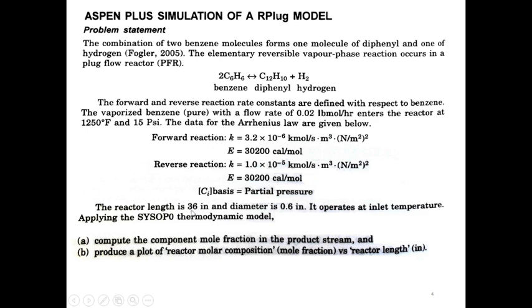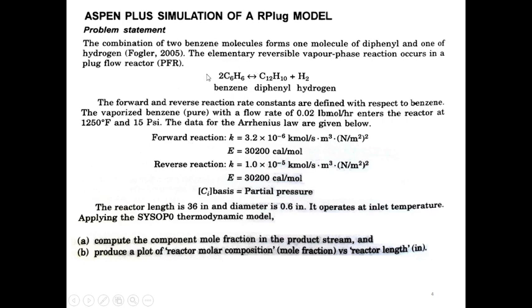The reactor length is 36 inch and the diameter is 0.6 inch. It operates at inlet temperature. Same property method we have to use, the thermodynamic model. So our first objective is to compute the component mole fraction in the product stream, and our second objective is to produce a plot of mole fraction versus the reactor length, as to how the reactant mole fraction is changing.